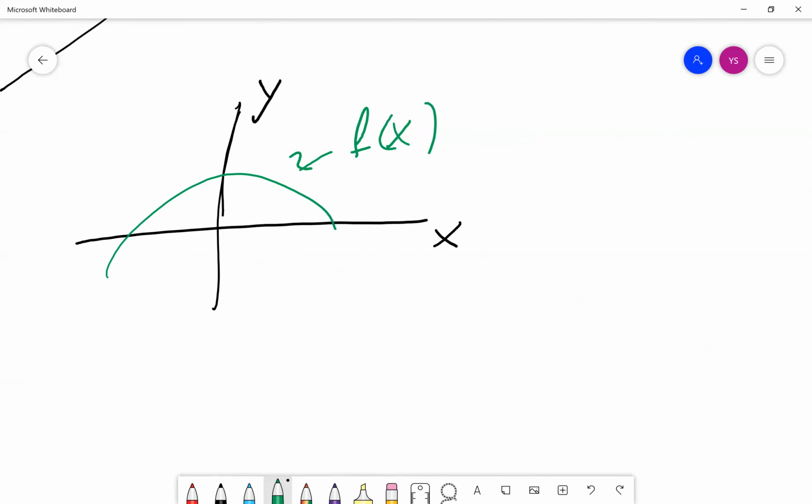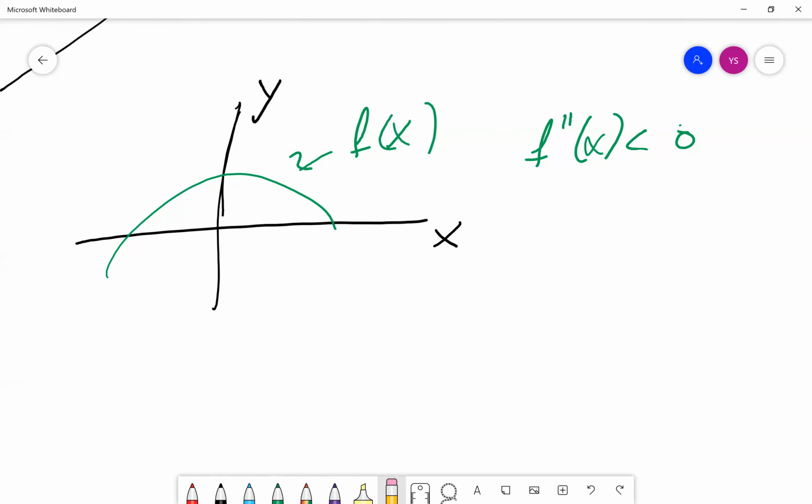In this case, your second derivative is going to be less than 0, and that tells you it's concave down and that you have a relative maximum. And if your second derivative is bigger than 0, then you know you have something that's concave up. And if it's equal to 0, you don't know anything.